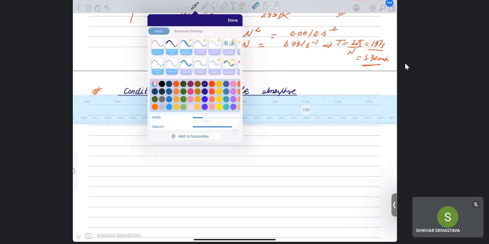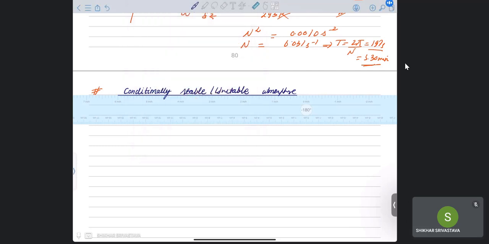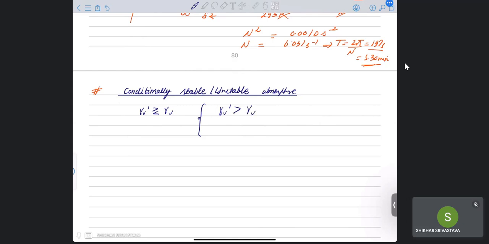Okay. So till now you must have understood that in order to find out the stability, there is this condition: gamma V prime is greater than or equal to gamma V. So if the lapse rate of parcel is greater than lapse rate of environment, that means at a particular level your parcel will be colder since its lapse rate is greater, and hence it will be stable.